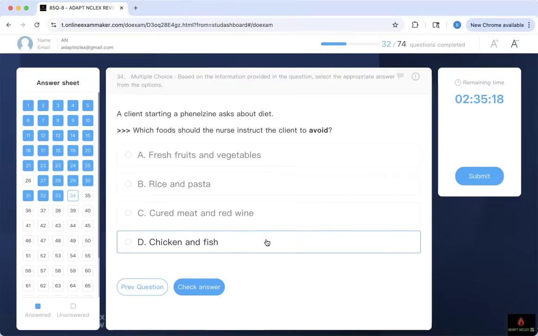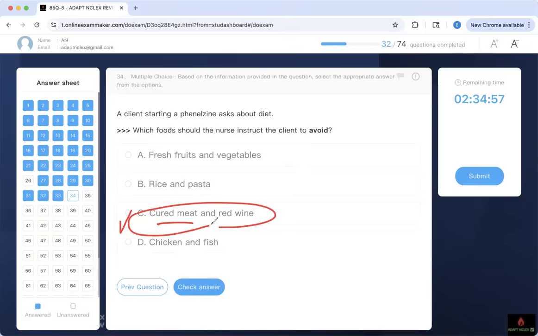Phenelzine, I'm asking about food to avoid. Fresh fruits, vegetables, rice and pasta, curried meat and red wine, and chicken and fish. The way to answer the question is to find the medication we're talking about. I can tell you the right answer is curried meat and red wine. Why?